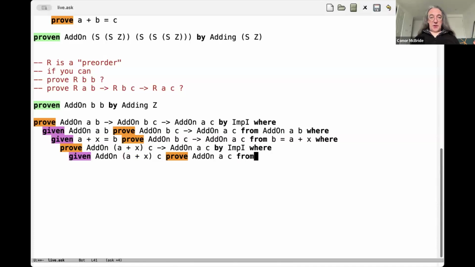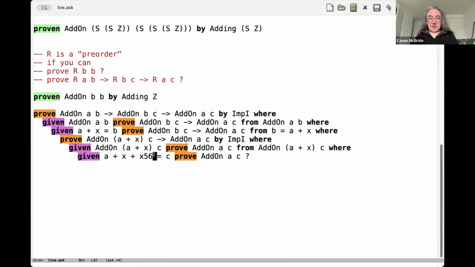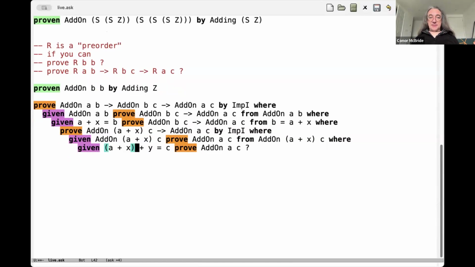So if I do a from on this assumption, Agda will again choose a silly name, but there must have been some Y that we can add to A plus X to get to C. Okay. So can we figure out what to add to A to get C?